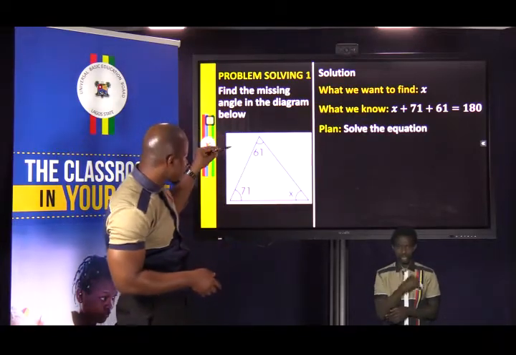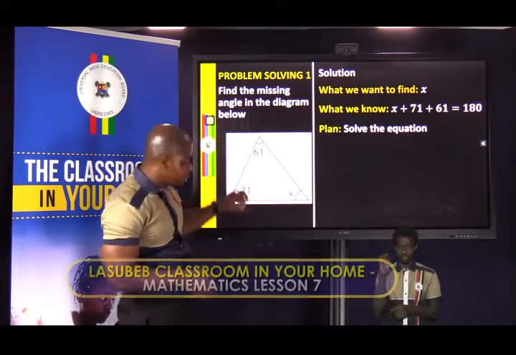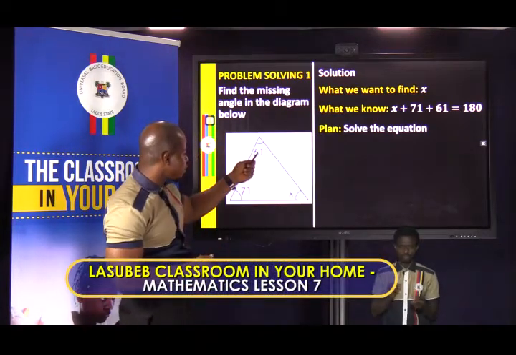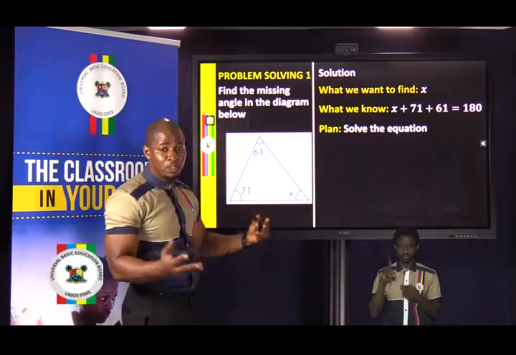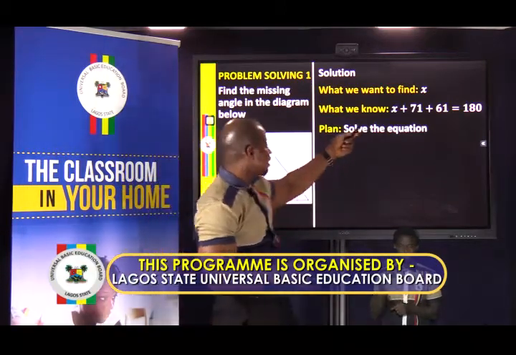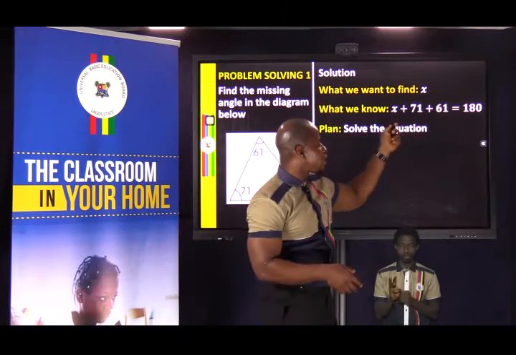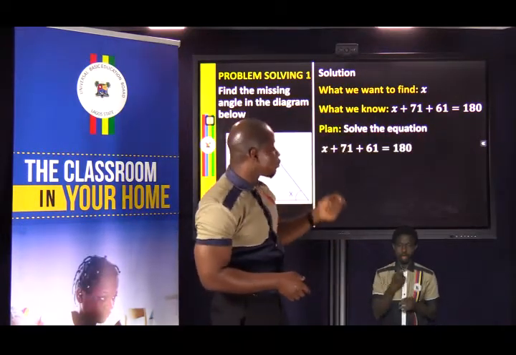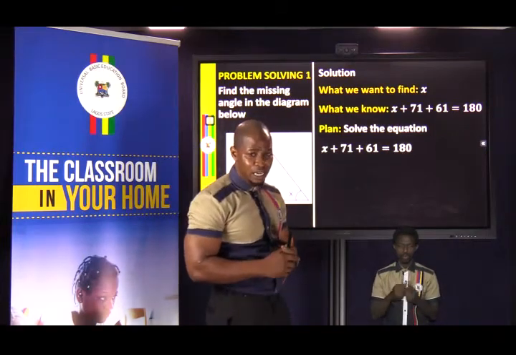The three angles in this case are 61 degrees, 71 degrees, x degrees. So if I add 61 to 71 to x, I must get 180 degrees. So the plan is simply to solve that equation so that we can find what x is.